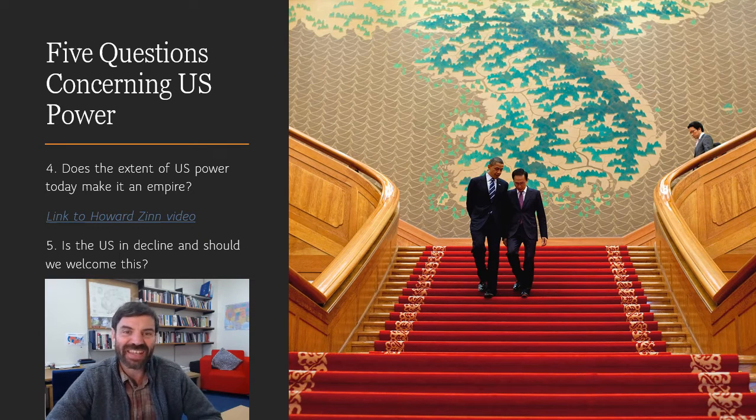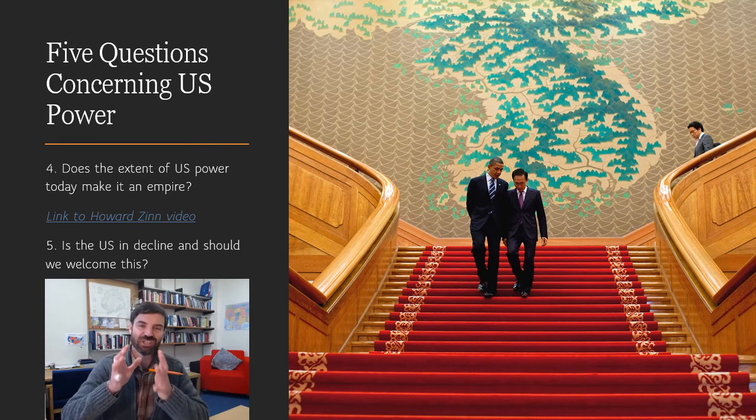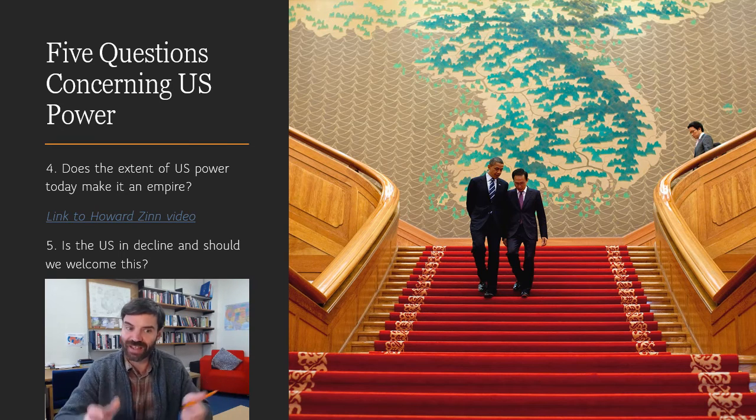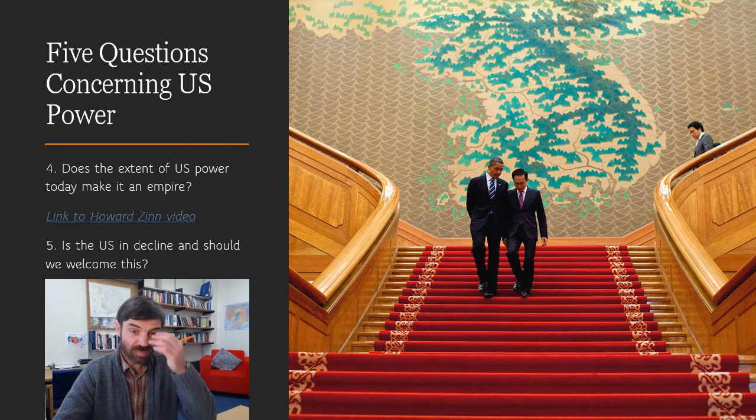And I'll be keen to get your thoughts on this in class later on this week. So essentially there's a tension set up here between Desmond King and Viggo Mortensen on, is the United States a contemporary empire?